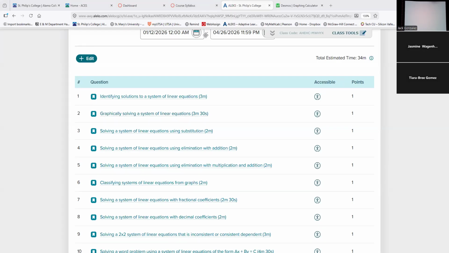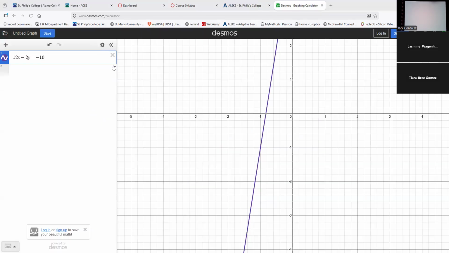Okay, this is number 2. This one says to graph it, so we might as well just do what we just did one more time. So it says graph the system of equations.